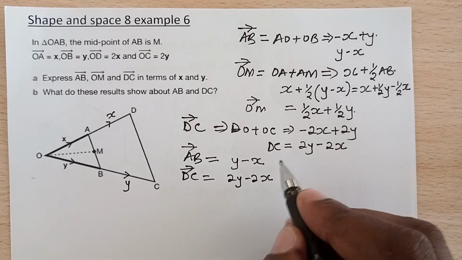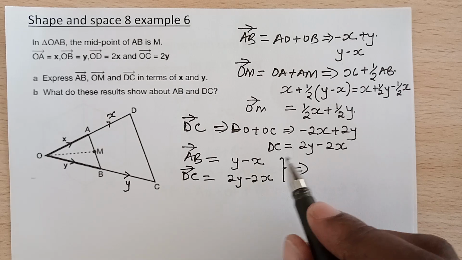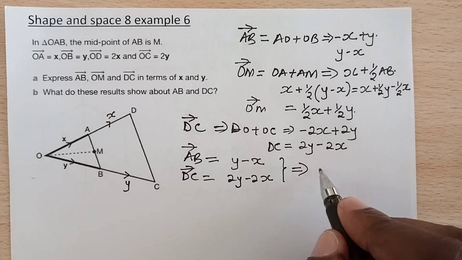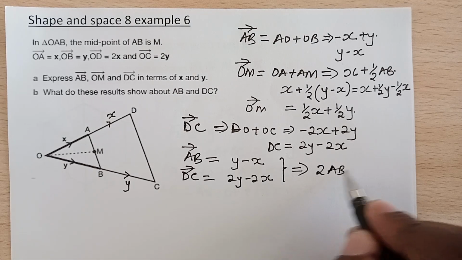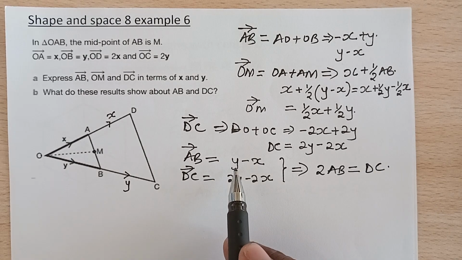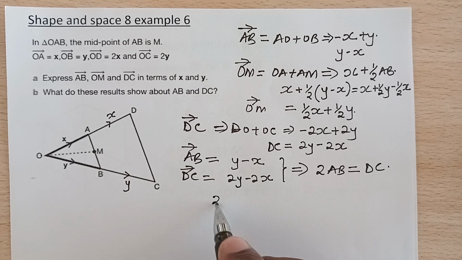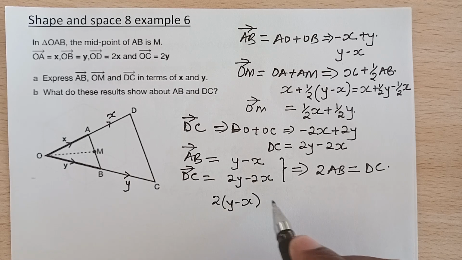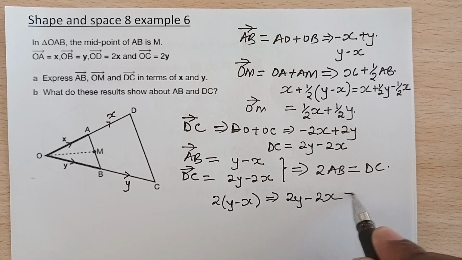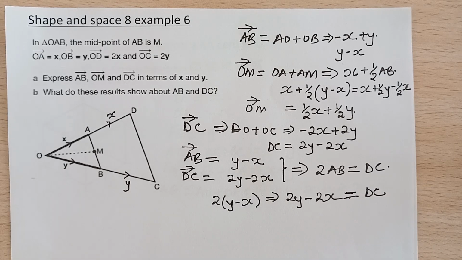And clearly when you compare the two, you can see that twice vector AB is equal to vector DC. Because if you multiply y minus x by 2, you will simply get 2y minus 2x, which is the vector DC as illustrated below.